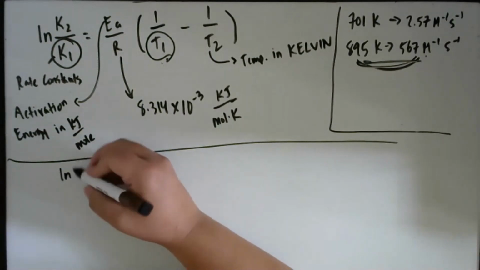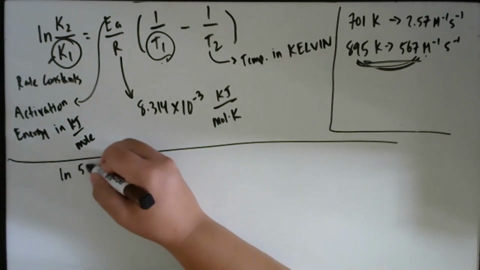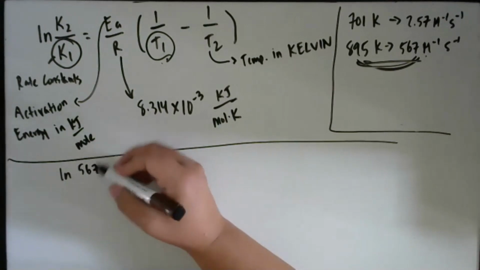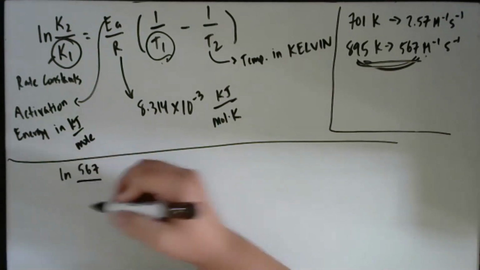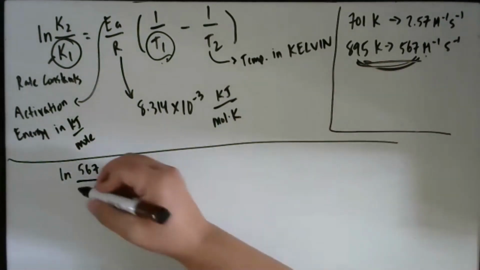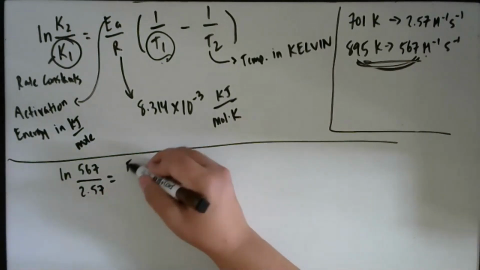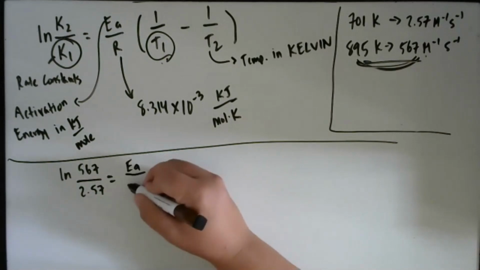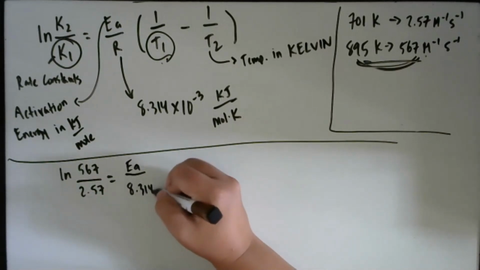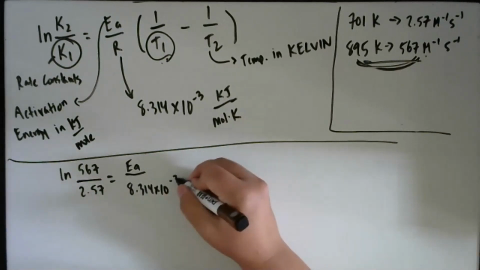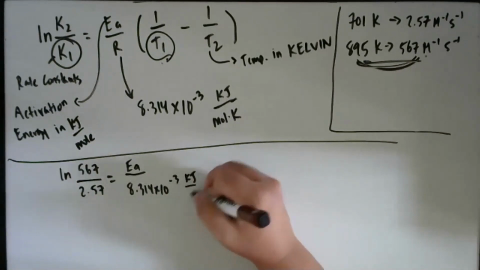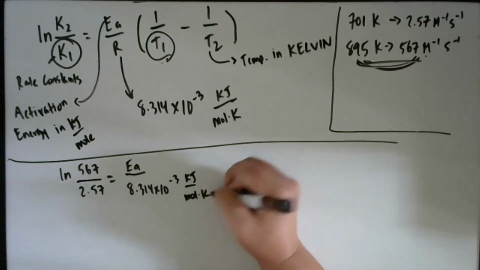So the ln of 567 over 2.57. I'm going to leave out the units because they're going to cancel out here. And that's going to equal EA over 8.314 times 10 to the negative 3 kilojoules over moles times Kelvin.